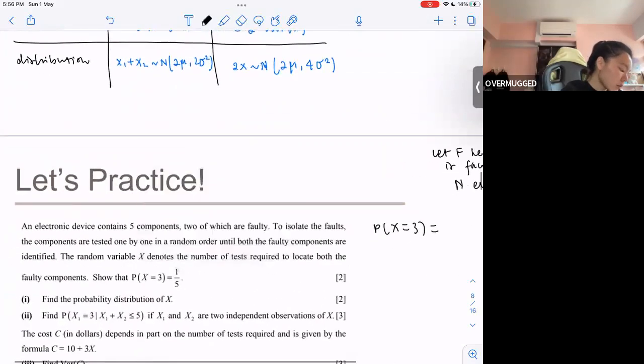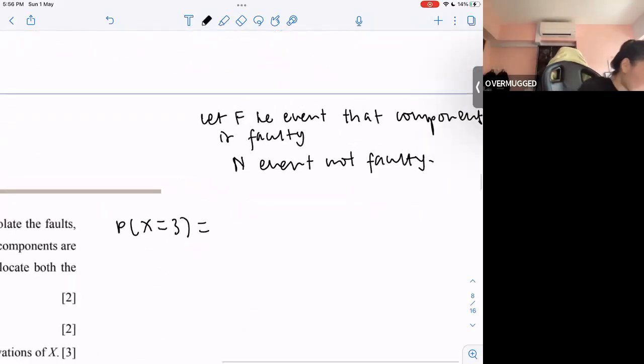And then we look at what they define again. There are 2 faulty components. So it's either I get faulty, not faulty, and then faulty. This is scenario 1. Case 2 is what?